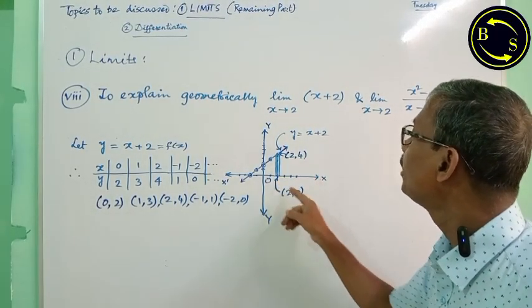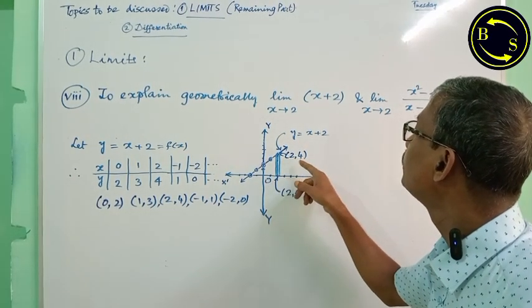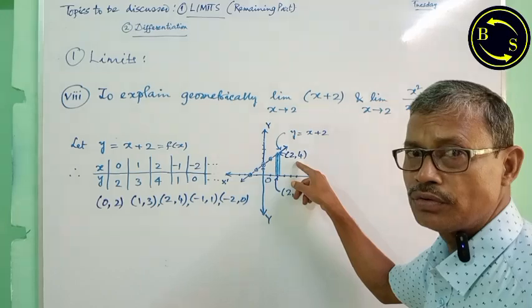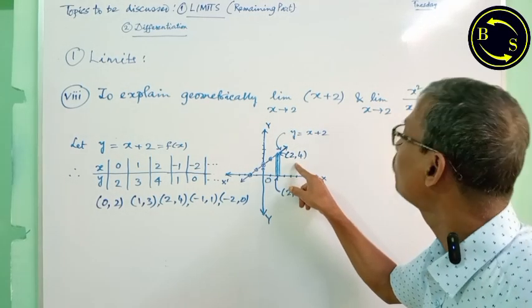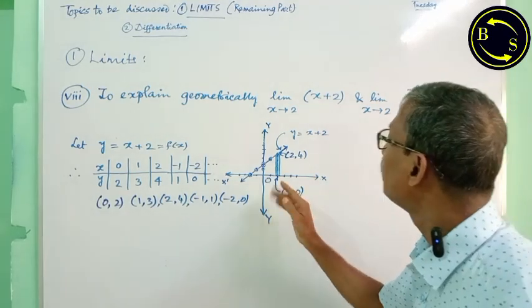The perpendicular I have drawn intersects the graph at the point (2, 4). The coordinates of that point will be (2, 4). That is, the value of y or f(x) is 4.